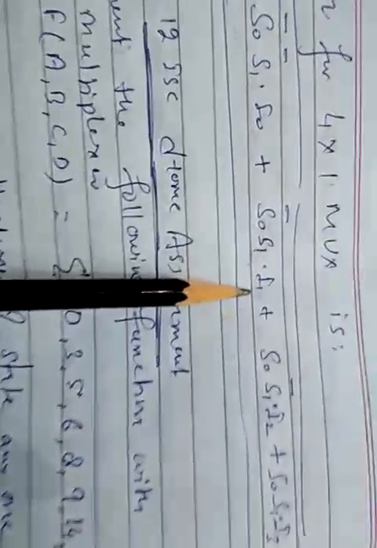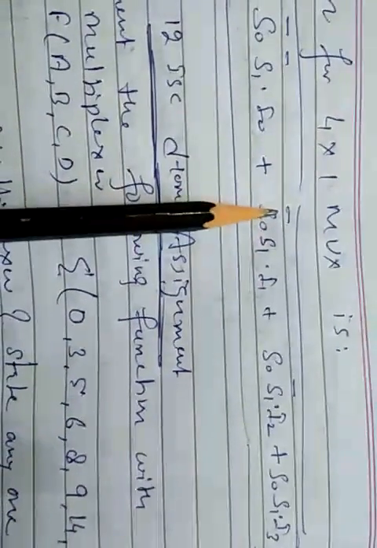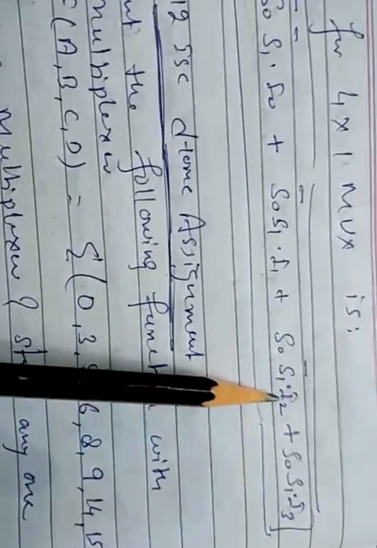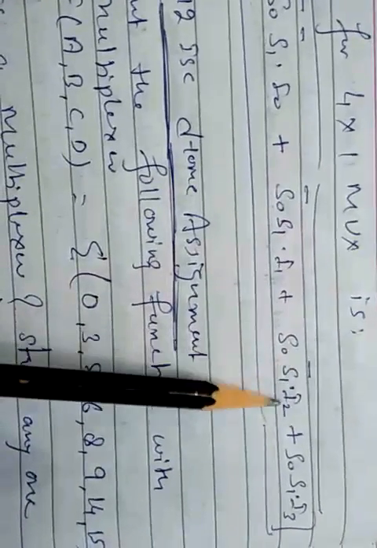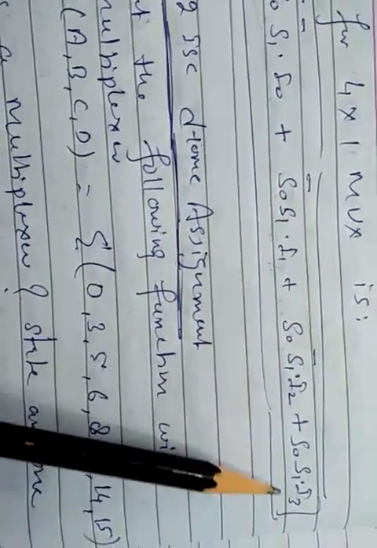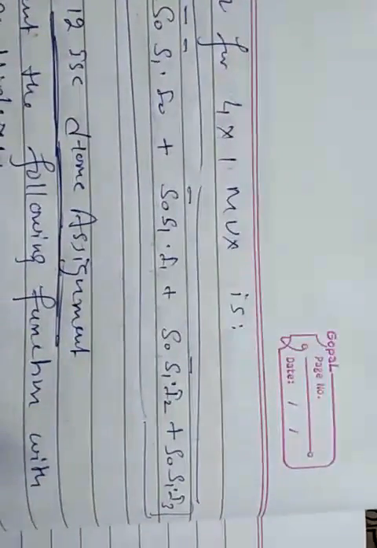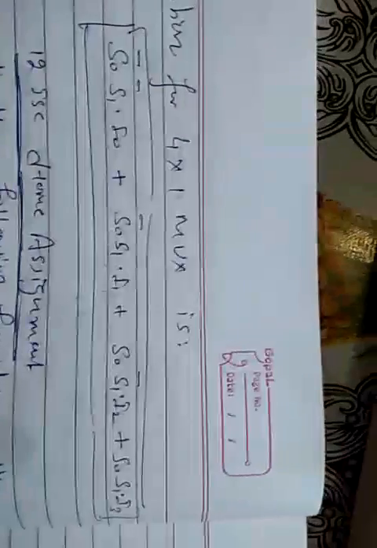The binary number of 1 is 0 1, so here the bar will be on the first, this is 0 1 and this is 1 1. This is 1 0 and here is 1 1. So this is the final expression of the 4 into 1 multiplexer.